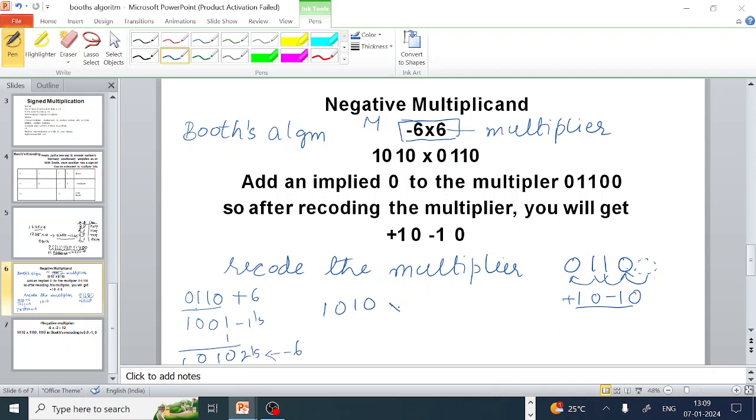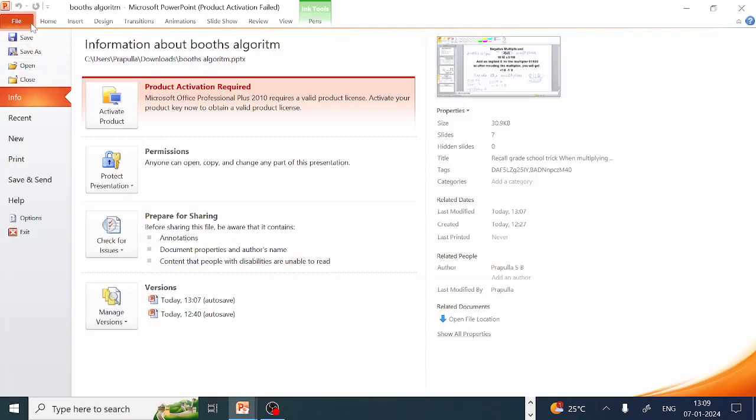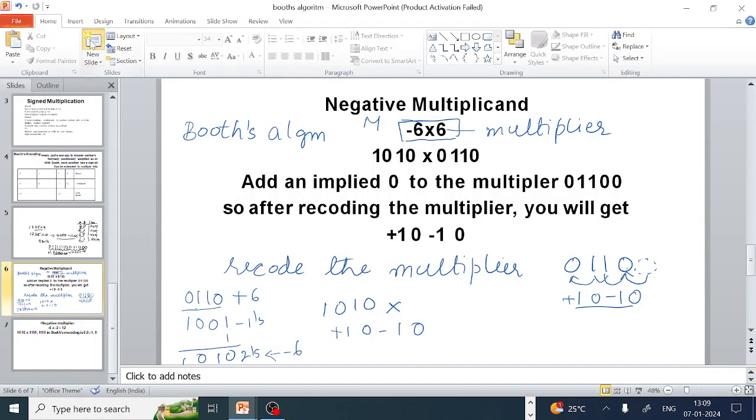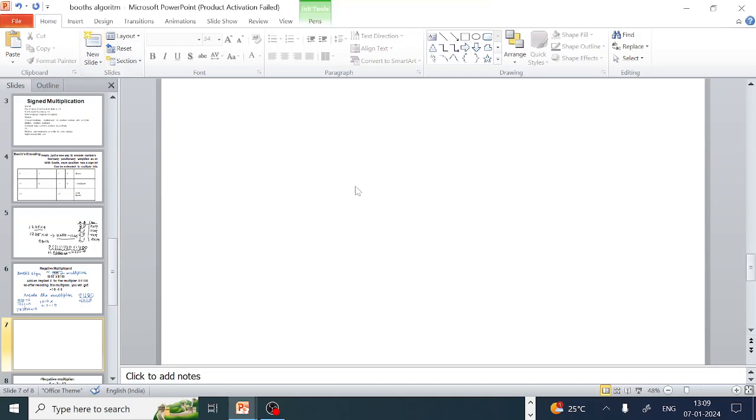So minus 6 I have to multiply with the recoded bits, which are plus 1, 0, minus 1 and 0.